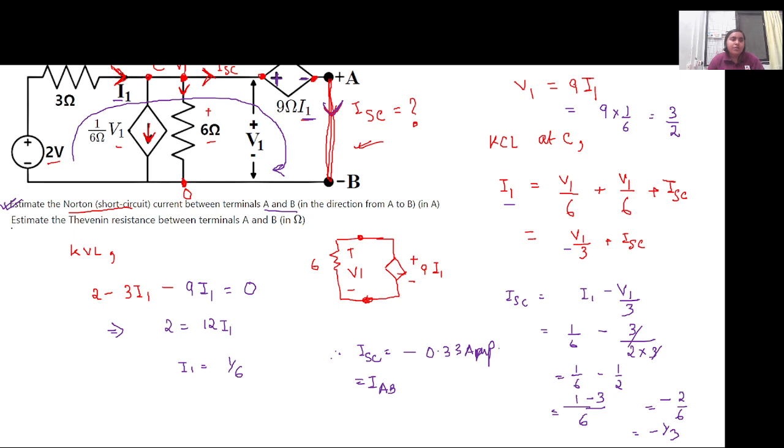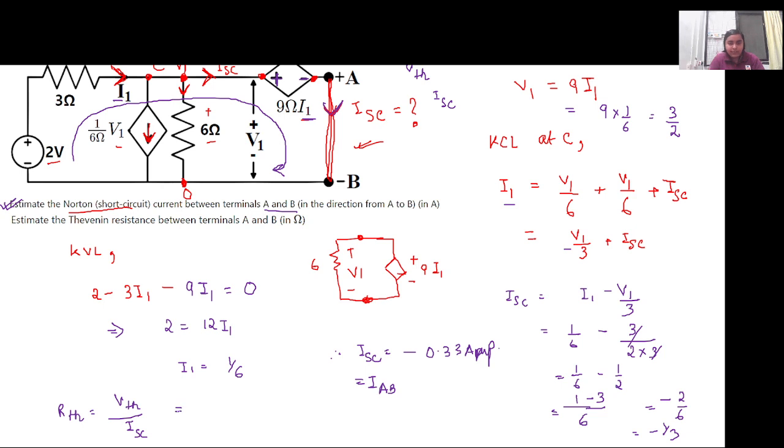Estimate the Thevenin's resistance between terminals A and B. So we have the Thevenin's voltage across A and B, and we have the short circuit current between A and B. In the case of dependent sources, R Thevenin can be calculated as V Thevenin by the short circuit current, right?